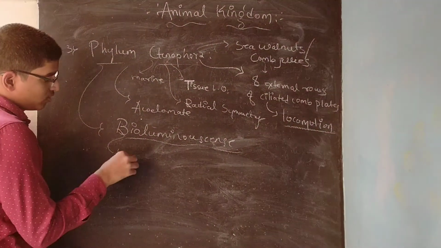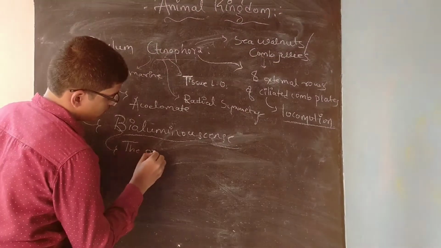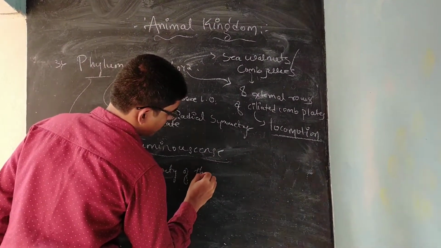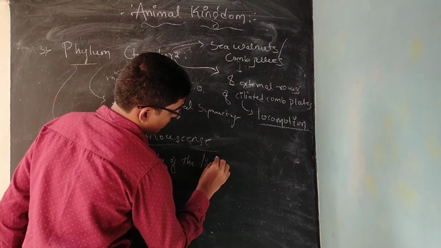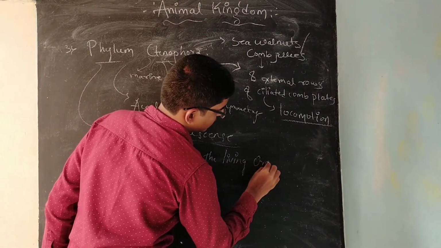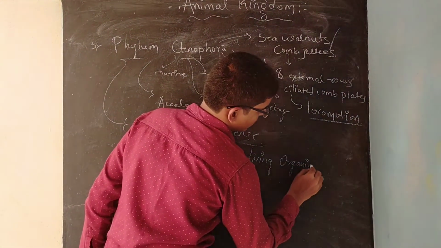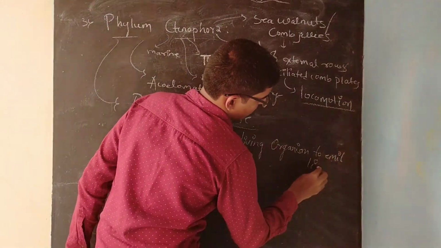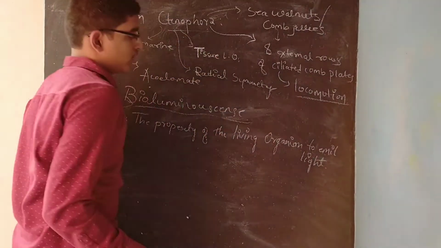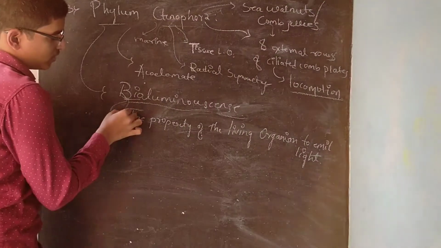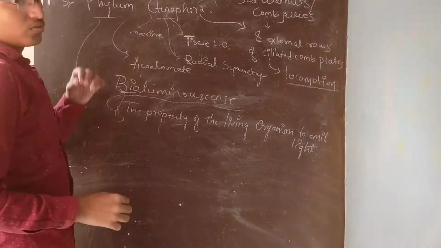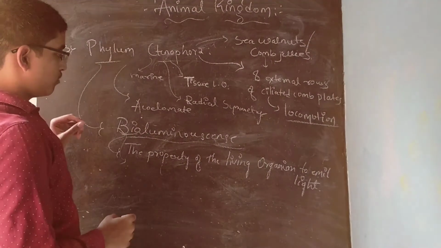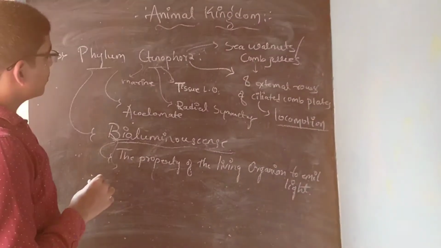It is the property of the living organism to emit light. Bio means life, luminous means light. So if the living organism emits light, it is called as bioluminescence.